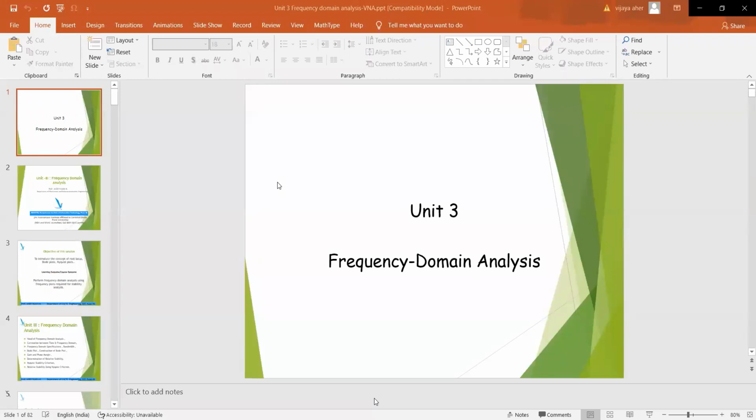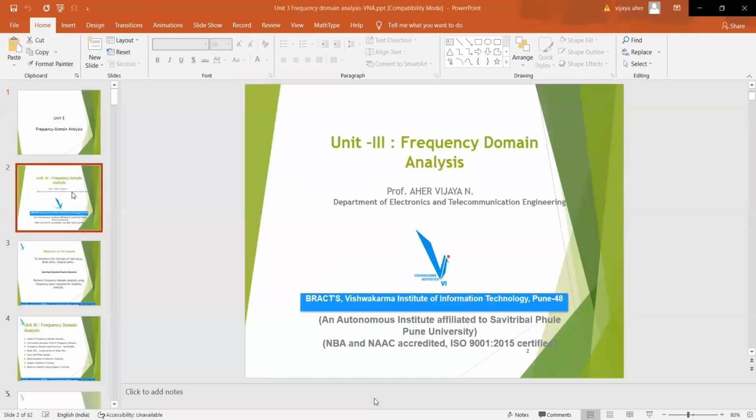Now, in unit 3, you are going to learn about frequency domain analysis. So unit 3 title is frequency domain analysis.